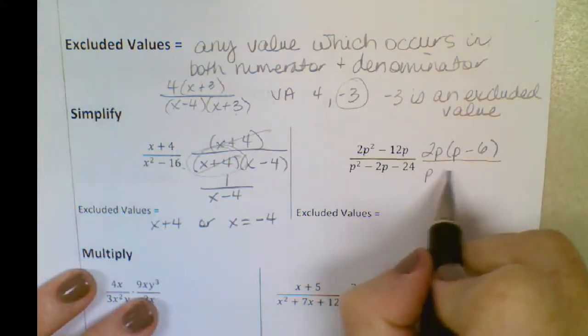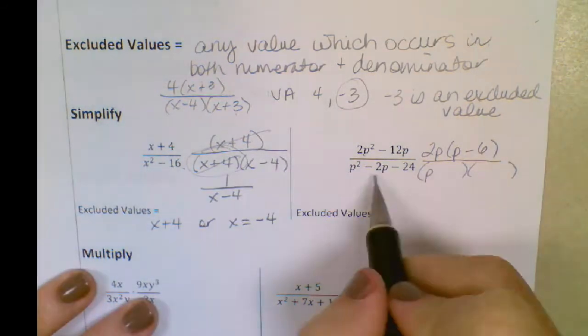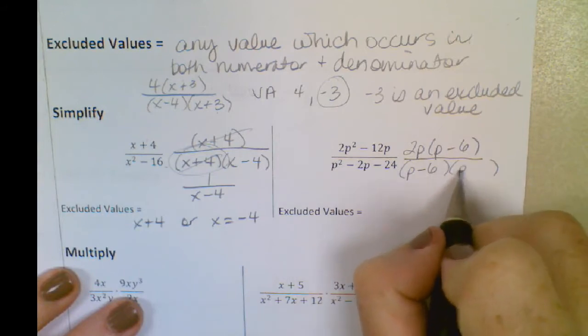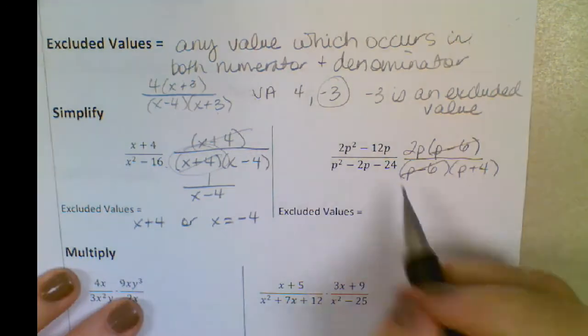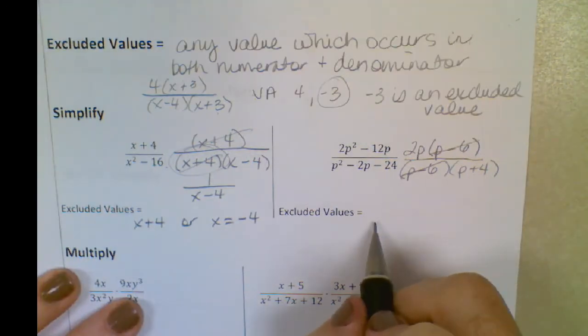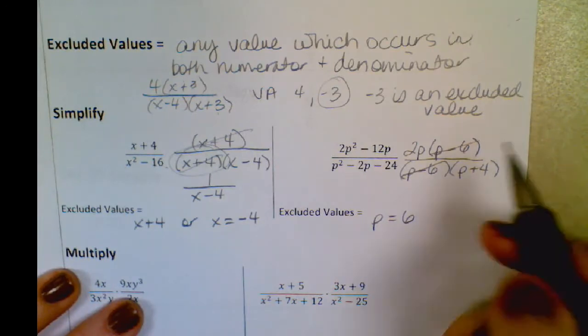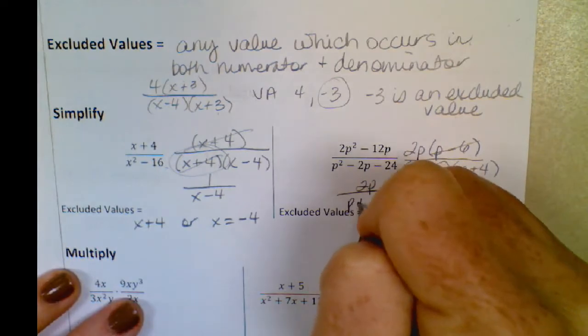On the bottom, I need two numbers that multiply to negative 24 that have a sum of negative 2. That's going to give me p minus 6 and p plus 4. My p minus 6 can cancel on the top and the bottom, which also becomes my excluded value. And my resulting answer is 2p over p plus 4.